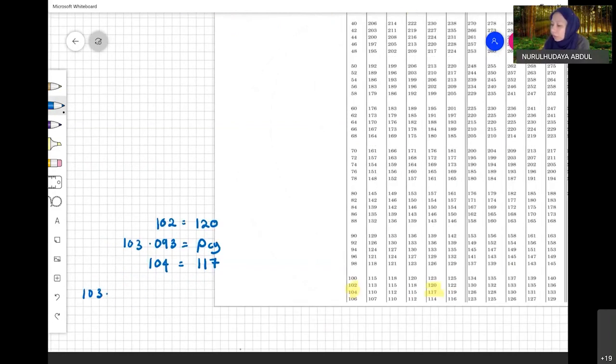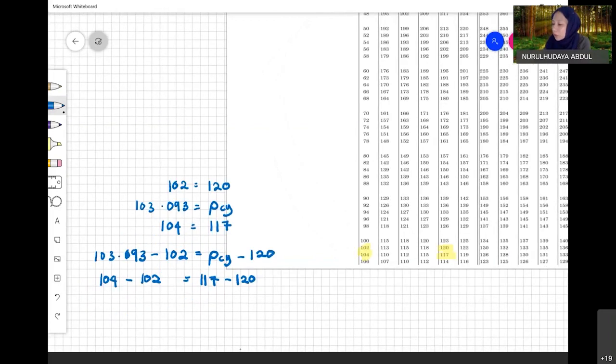So we subtract. Same way, 105.9 minus 102, PCY minus 120, and 104 minus 102 equals 117 minus 120. Easy to calculate. So 1.093 equal to PCY minus 120 over 104 minus 102, which is 2, equal to negative 3.